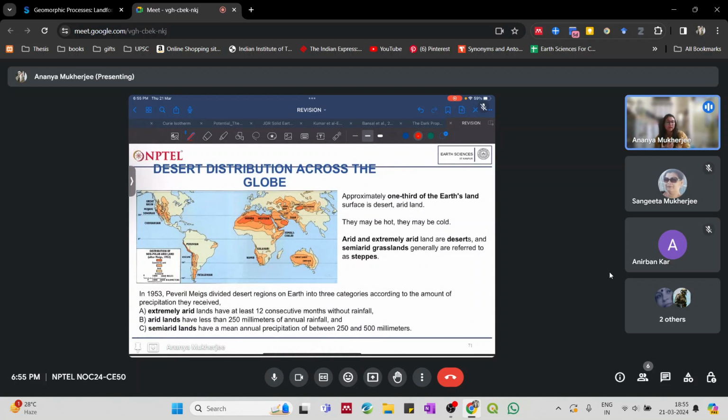These are the areas where the action of wind can happen over larger areas without any obstruction in the movement of the wind, and that is why the winds there can have a lot of control on how they shape the landscape in desert areas.